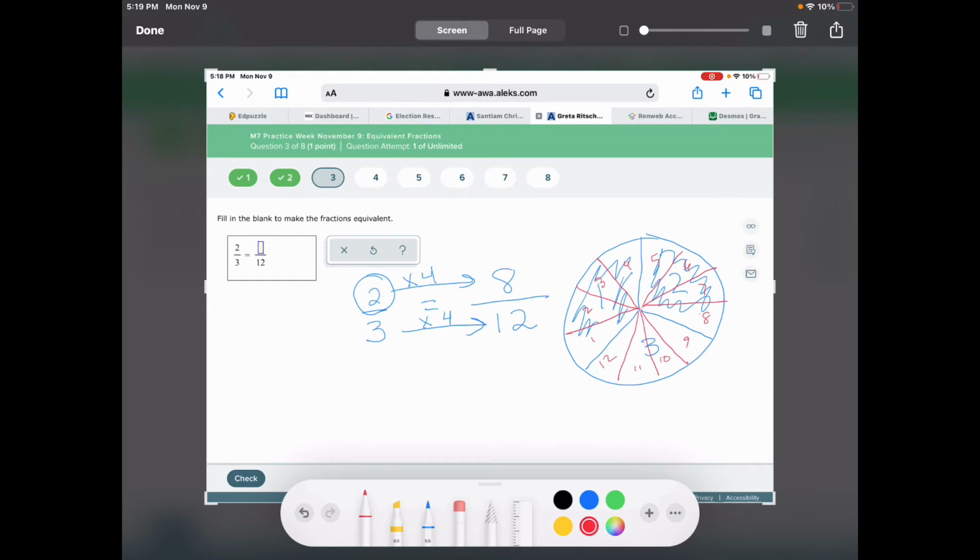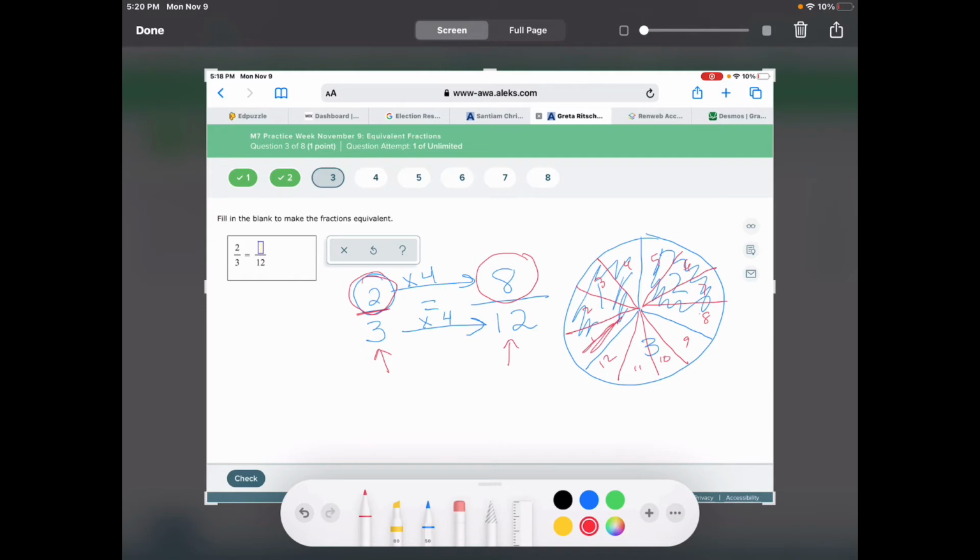It's the same size pizza, but in one case I just cut it into 3 big pieces, and in this case I took the same pizza and cut it into littler pieces so that I have 12. So in order to equal the same amount, 2 out of the 3 is this amount, and when I cut it into smaller pieces, I need to have 8 out of 12 to have the same amount.